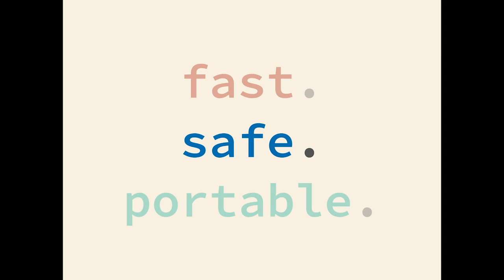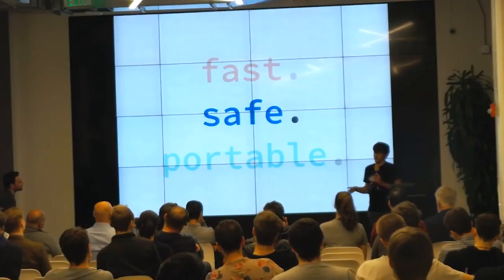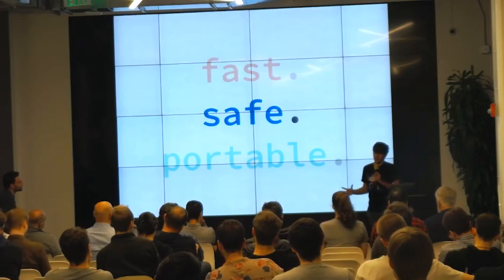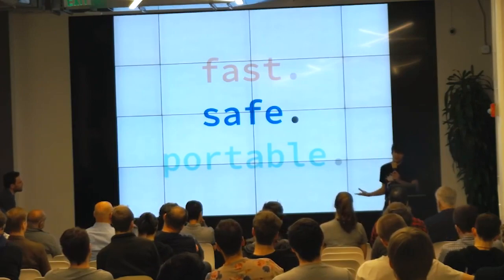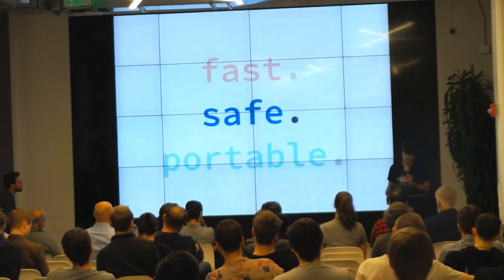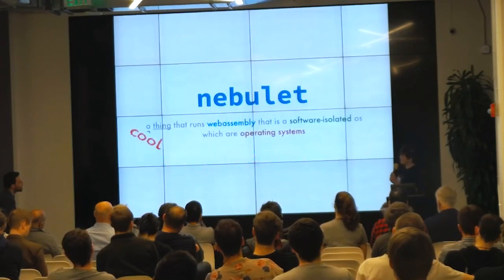We can run WebAssembly on its own, and it's still sandboxed and isolated from the rest of the system without having to use ring 0, ring 3, or complicated virtual memory mappings like a normal operating system would. So there we go. It runs WebAssembly.